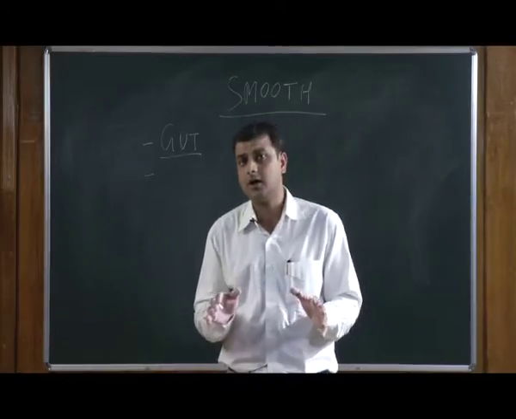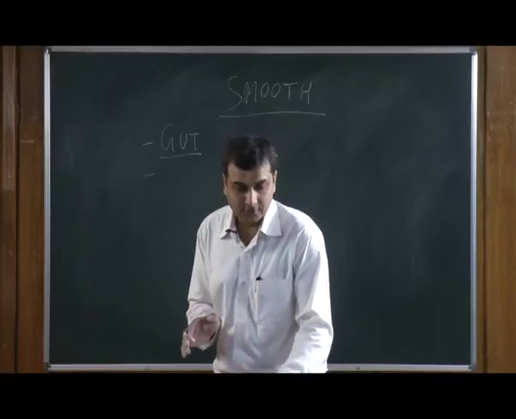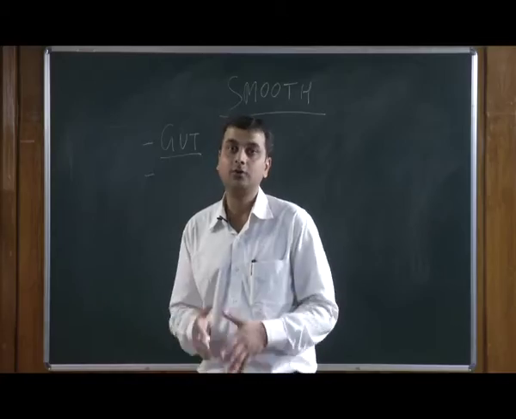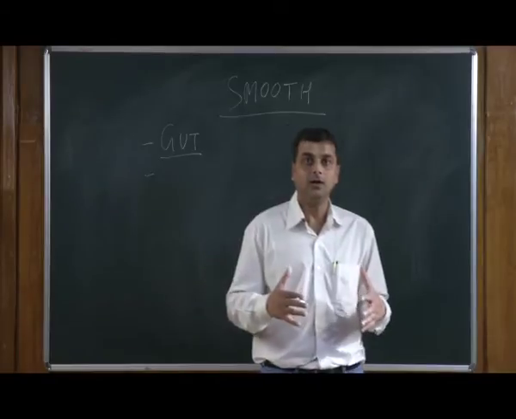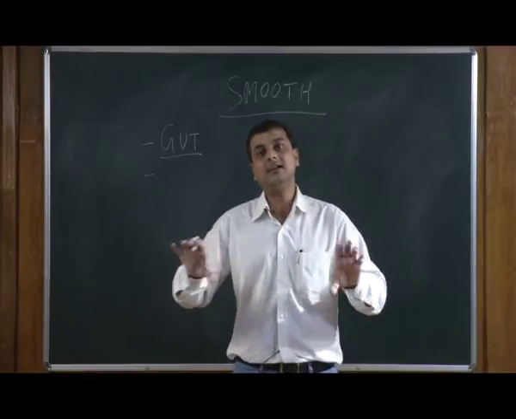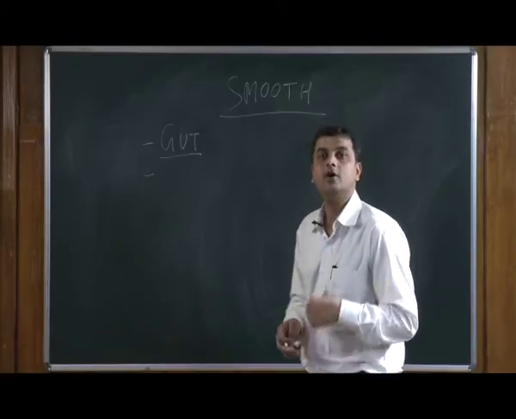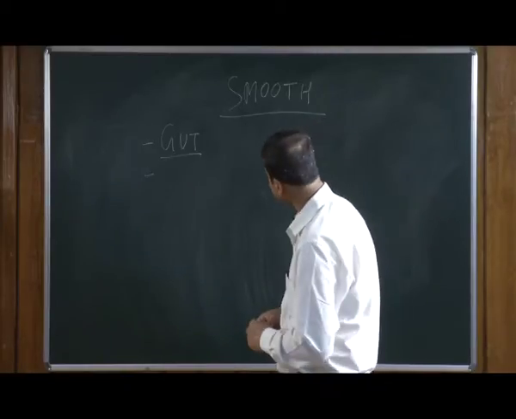So, this is not under our control. If we go back to the slide, the fourth point here is that these are regulated by the autonomic nervous system. Autonomic stands for autos, autonomous, right? This is automatic. So, these are autonomously controlled, which means they are all regulated internally by body homeostatic mechanisms.